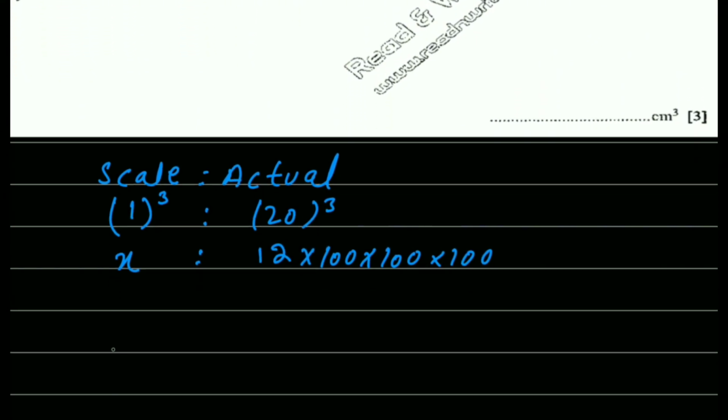So we will do here cross multiplication. So it will be 8000x is equal to 12 x.